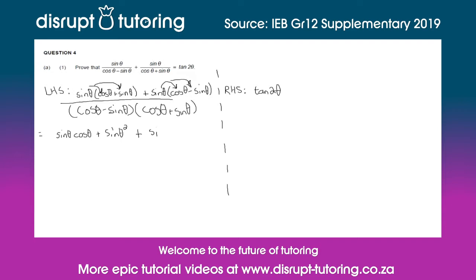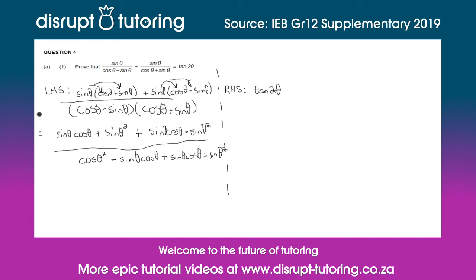So it'll be sine theta cos theta minus sine theta squared, all over, and this is just your basic FOIL. So it's term 1, which will become cos theta squared, and then your inner terms, which is your minus sine theta cos theta, your outer terms, which becomes a plus sine theta cos theta, minus sine theta squared.